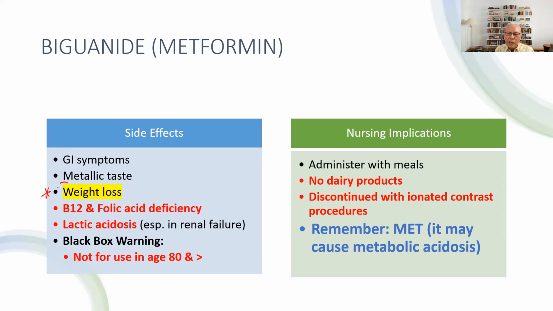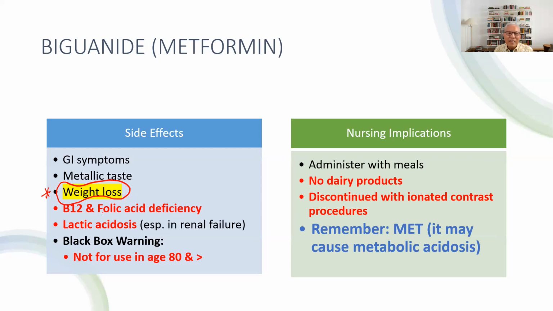And I underscored this weight loss. I put a yellow highlighter on it because metformin actually is used by many people to lose weight. This is not an approved use of metformin, but nonetheless, people abuse this by using it to lose weight. Okay.